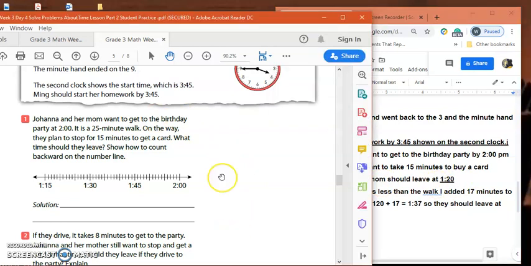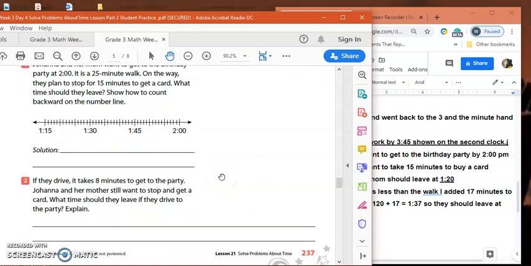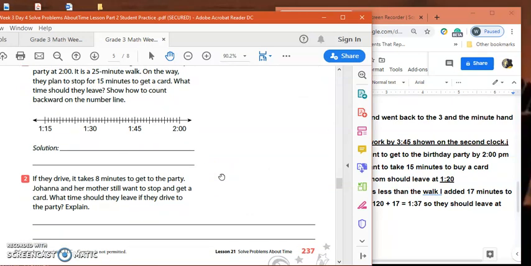Okay, now it gets a little bit trickier here. It says if the drive takes 8 minutes for them to get to the party, Joanna and her mother still want to stop and get a card. So what time should they leave if they drive to the party? Explain.